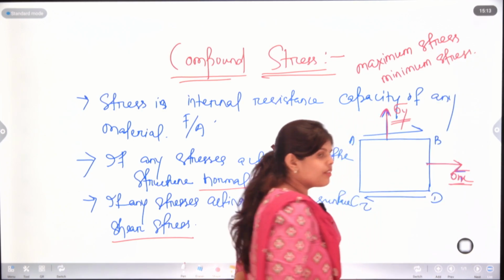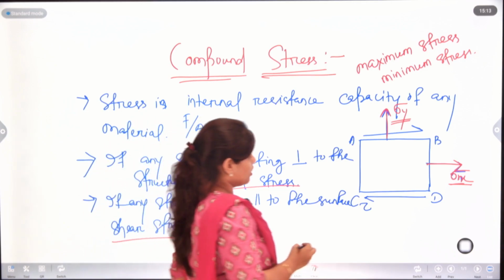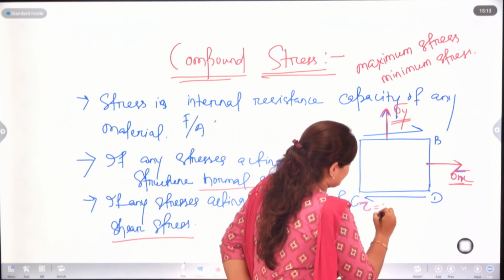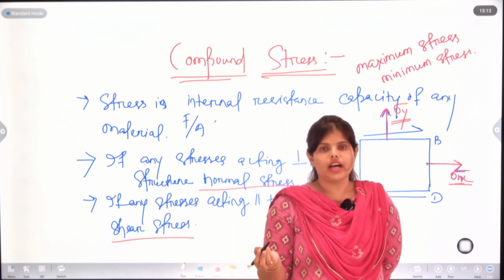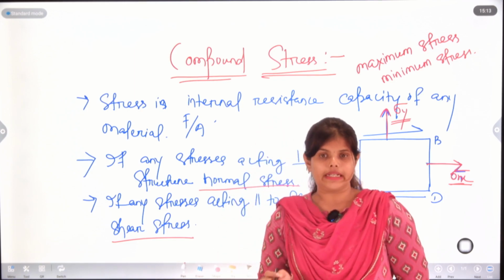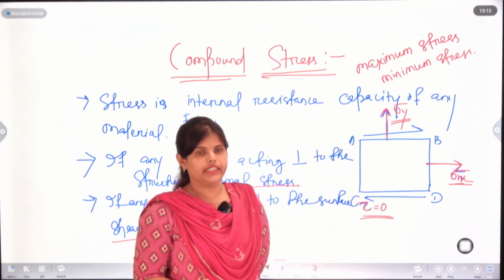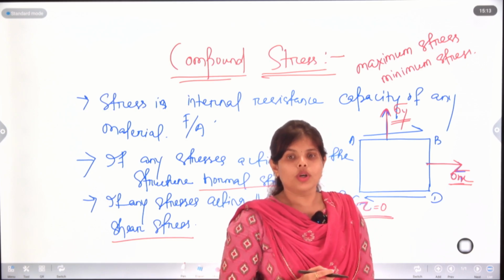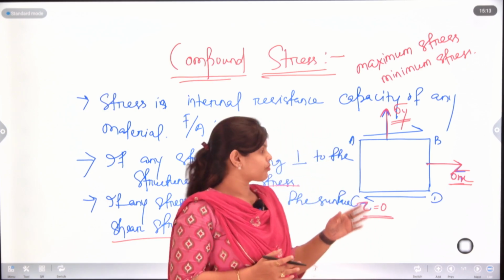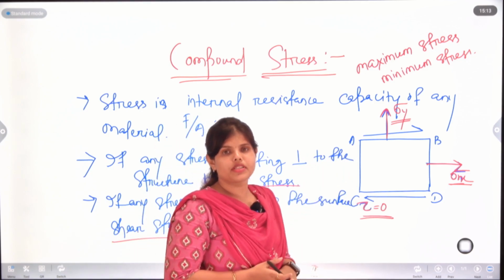If in any body there is tau but the tau value is 0, that is, the shear stress is 0, as we discussed in previous classes, we will term that as principal plane and the normal stress will be principal stress.